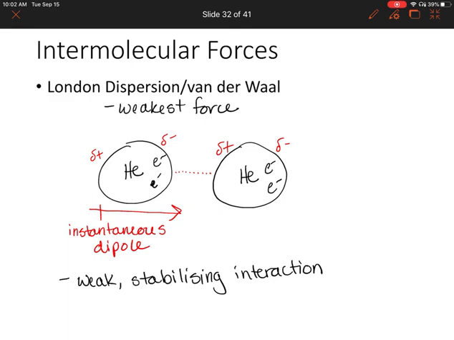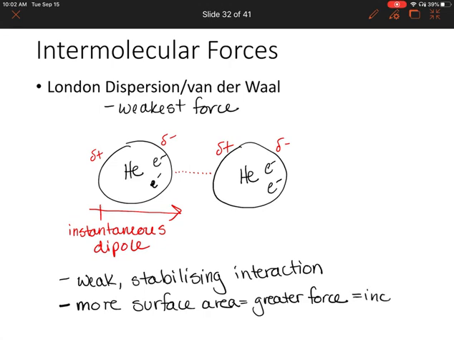And the more surface area you have, the greater the force. More surface area equals greater force. And that's actually going to increase the boiling point of the element or the molecule, depending on what you're looking at.